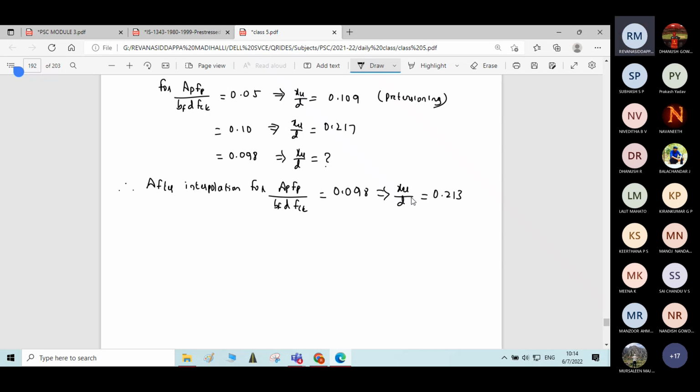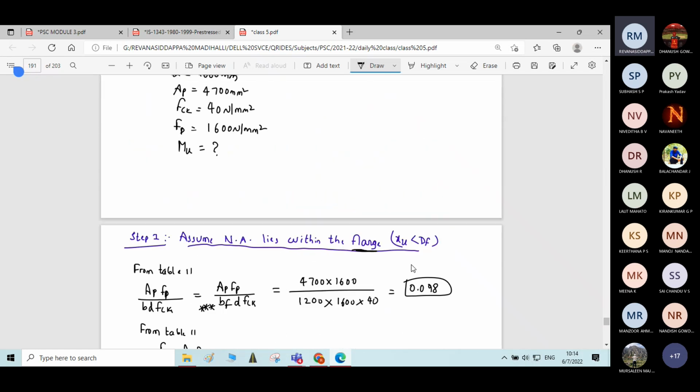Now, substitute the value of effective depth. xu by effective depth, 1600, is equal to 0.213. Therefore xu, depth of neutral axis, if you multiply 1600 and 0.213, you will get the answer as 340.89 millimeter. Just look into the figure.